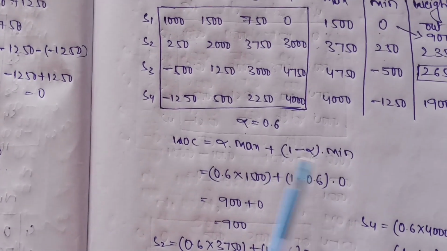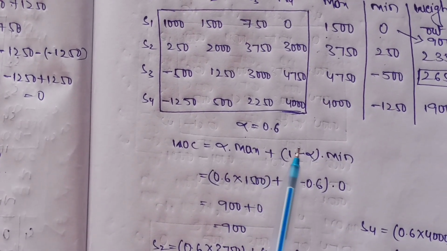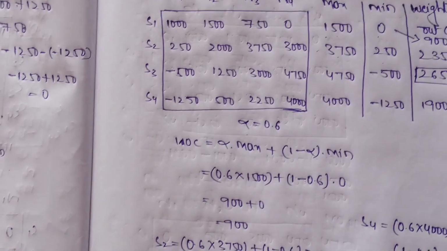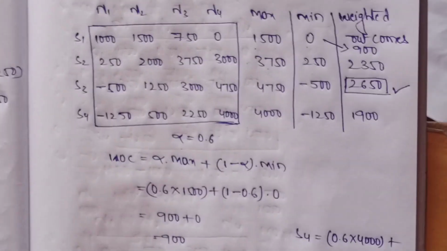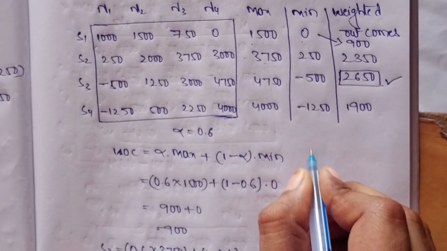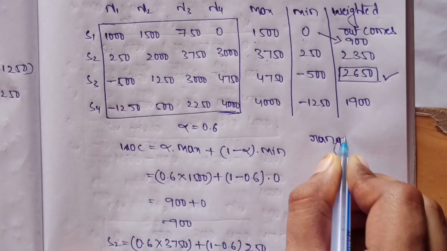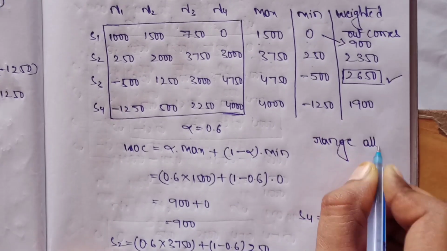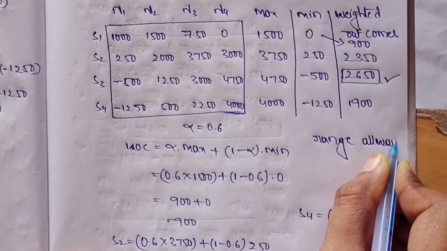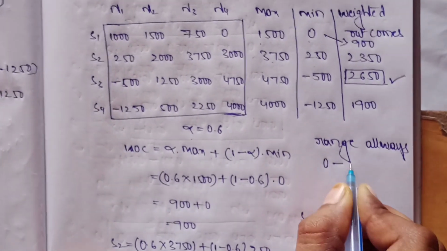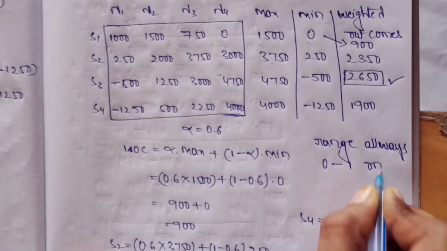And here we have to check the alpha value given in the problem. The alpha value always ranges from 0 to 1 only.